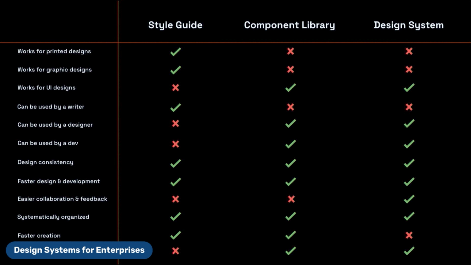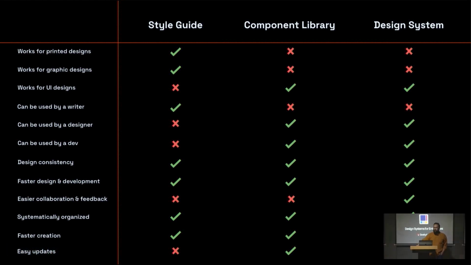Same for graphic designers: we can use style guides but not a component library or design system. For UI designers, although the first is usable, mostly we use the component library and the design system. And same for a copywriter or a writer doing the design: the first is applicable, but not the other ones.